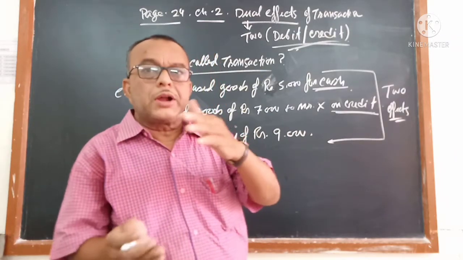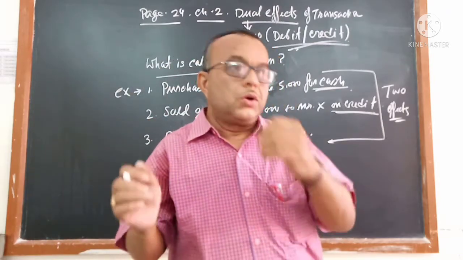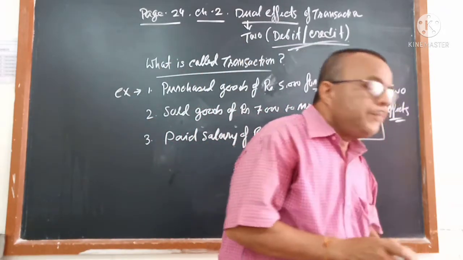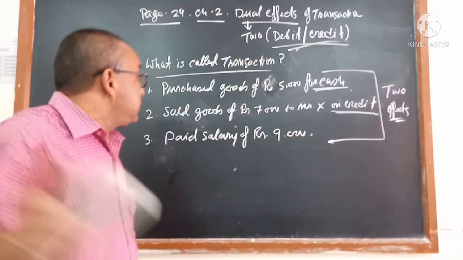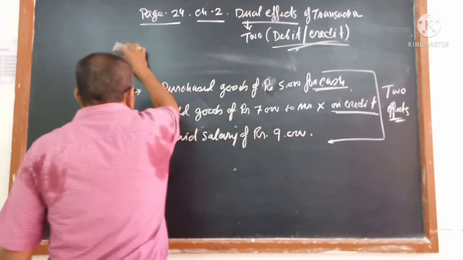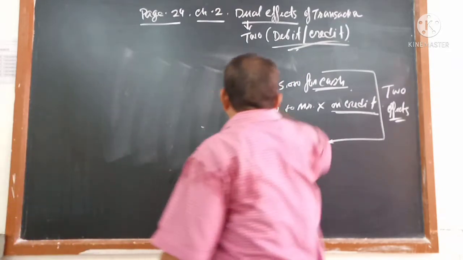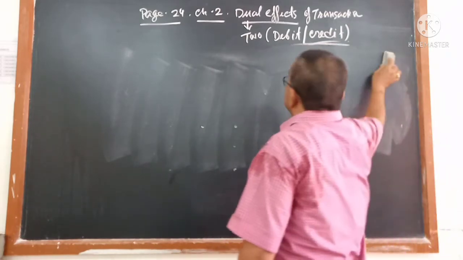So before finding out the dual effect, first we are going to find out whether it is a cash transaction or a credit transaction. How will we find out the cash transaction or credit transaction? It has some points. Those points I want to explain. Let me run it, and one by one I will show how, as this is the most important point.